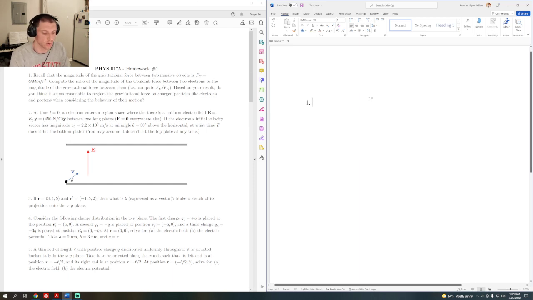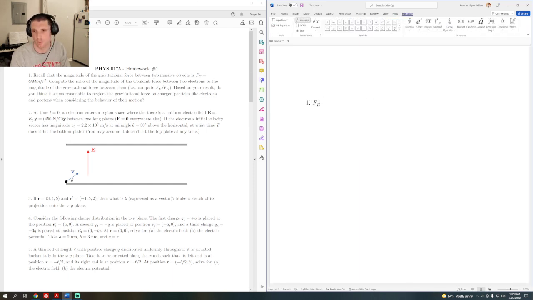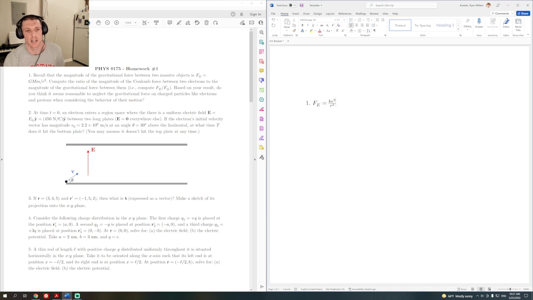All you needed to do is write something like this: the electric force between two electrons is going to be k e squared over r squared, right? So when you take the ratio here, what you'll find is that the r squareds cancel out, right? You also need to note that the electron has a mass of about 9.11 times 10 to the negative 31st kilograms.